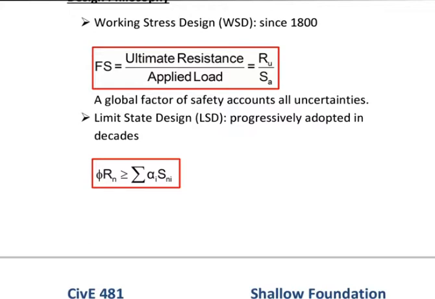This approach recognizes and considers that different degrees of uncertainties exist for each of the various loads, strengths, and resistances. As we can see from this equation, the resistance is factored by phi, and a variety of loads, S and I, are factored by different factors, alpha I.